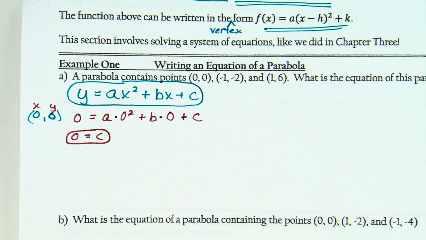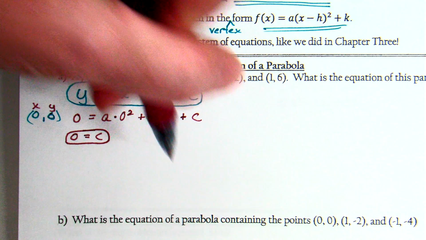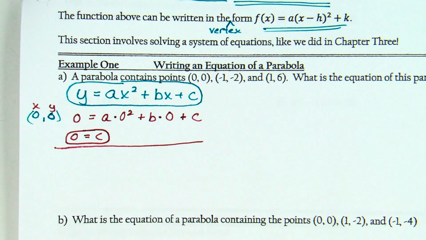You know how we're supposed to have equations 1, 2, and 3 here? That's one of them. And that's the easiest one, but that's also going to make this problem a lot easier than it otherwise could be. Okay. Now, that gives me equation 1. To get equation 2, repeat the process using the next ordered pair. So what's my next ordered pair?